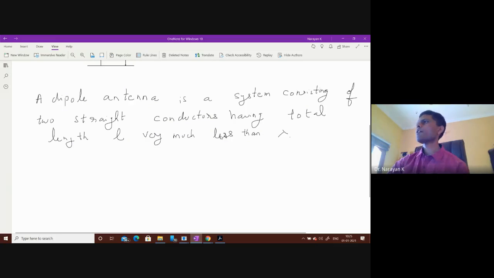Very much less than lambda. What is lambda? Your wavelength. Okay. Is it clear?